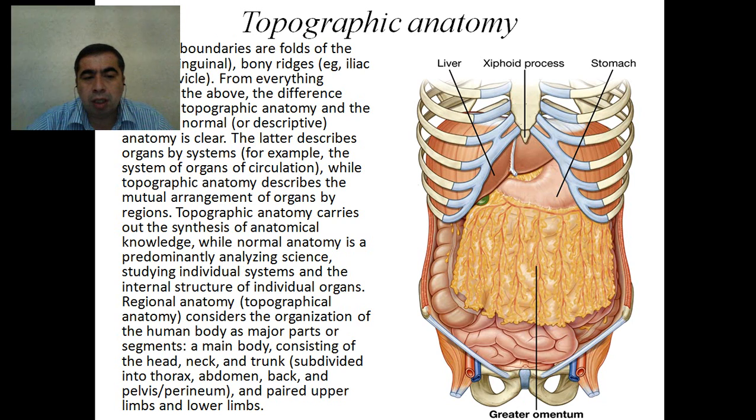Regional or topographical anatomy considers the organization of the human body as parts or segments: a main body consisting of the head, neck and trunk. Of course, I have noted this. The trunk is subdivided into thorax or chest, abdomen, back and the pelvic perineal regions, and paired upper limbs and lower limbs.